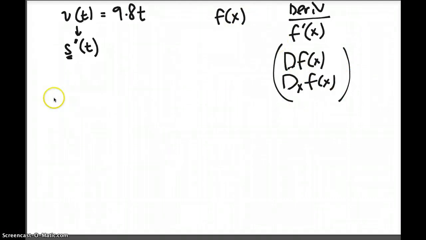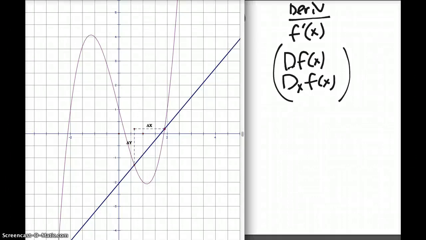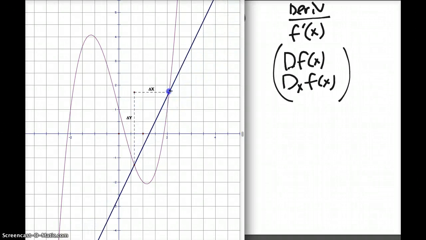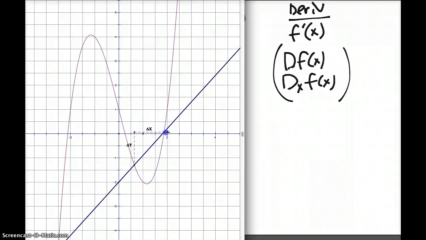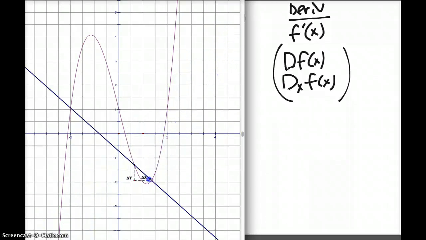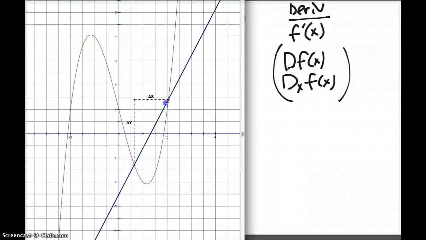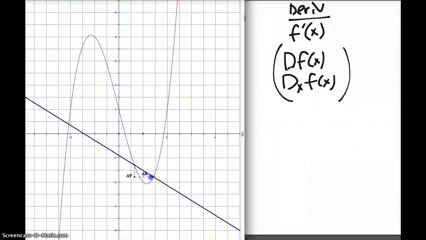So the derivative essentially is a slope where we have a change of y over the change of x, right? But a change of y over the change of x requires 2 points. So taking a look here, for example, change of y over the change of x is something that we've learned since algebra, right? So it's the slope between 2 points of a line. In calculus, we are making this change smaller and smaller and smaller.